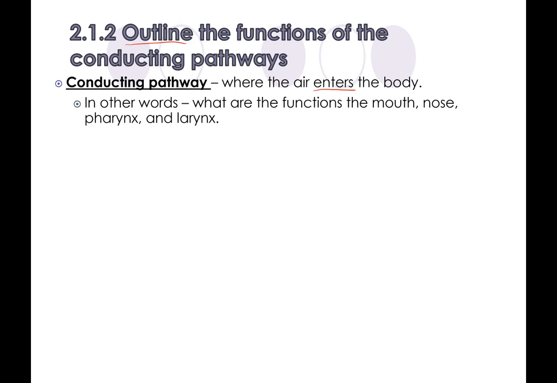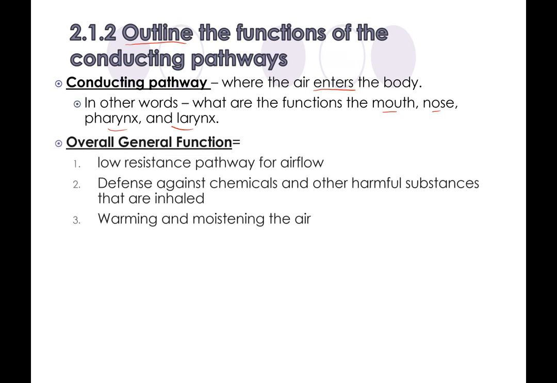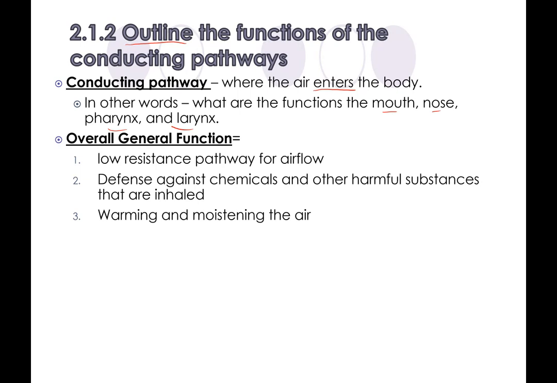So when it's asking us that, it's basically asking what the functions of the mouth, nose, pharynx, and larynx are, because that's where air enters the body and moves through. In general, those four structures offer low resistance, so you can breathe in large amounts at a time. We have ways to protect ourselves against harmful substances, and it warms and moistens the air.